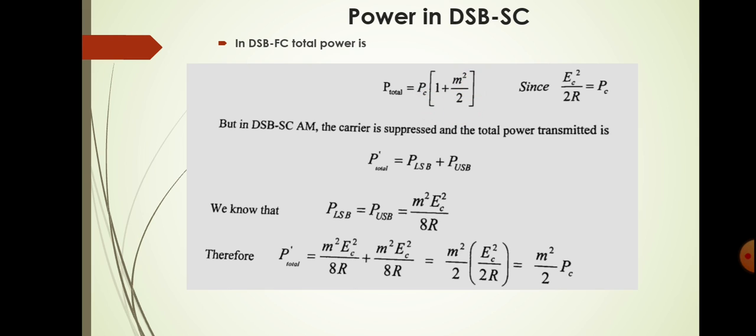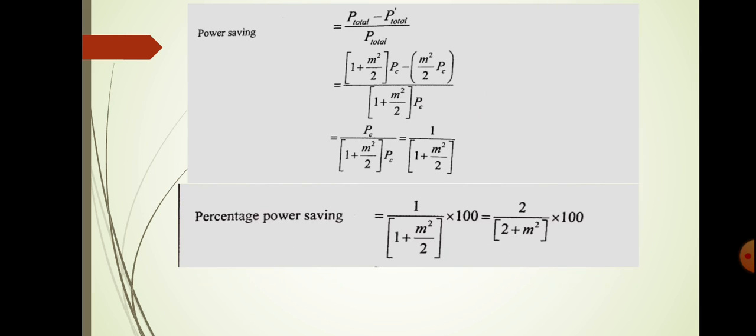Right? That means the carrier power will be absent in this case. So we can find the total power saving, that is power saving will be equal to P total minus P dash total divided by P total. So when we are substituting for P total and P dash total, we will get the equation like this, and by solving the equation we will get the value as 1 by 1 plus m square by 2.